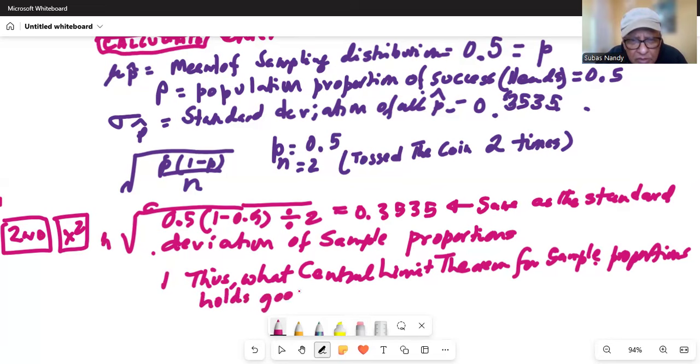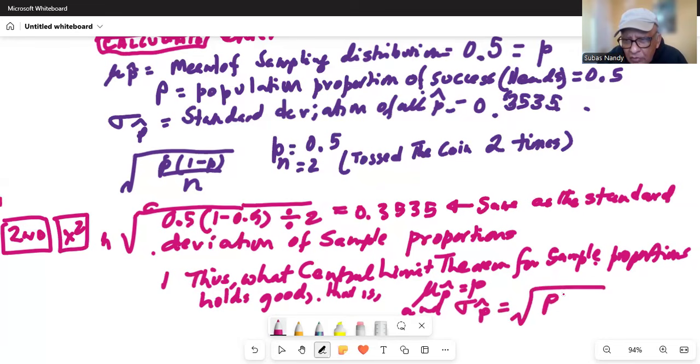That is, the mean mu p hat is equal to p, and sigma p hat is equal to the square root of p times 1 minus p over n.